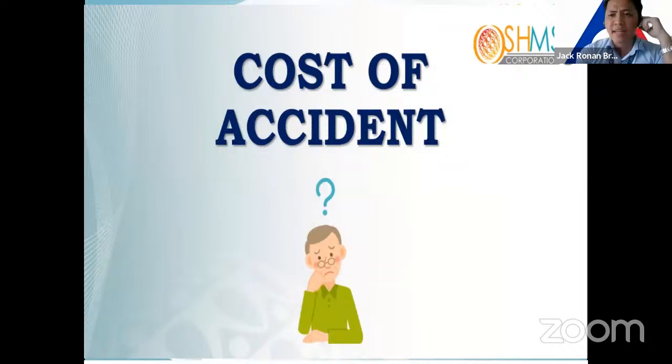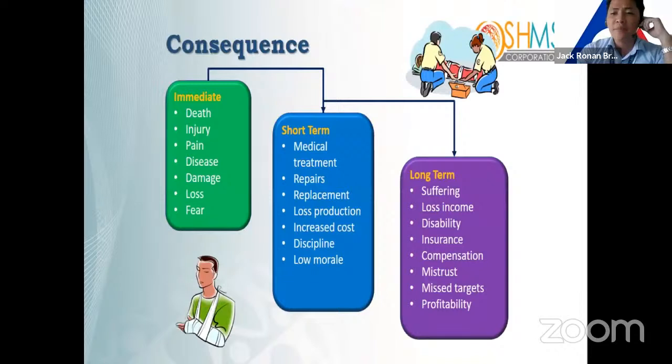So what are the causes of accidents? So ano po yung effect? What are the effects of accidents? First, we have the immediate cause or effect of the accident. So we know death, injury, pain, disease, damage, loss, and fear. And the next consequence of accident is the short-term ones.